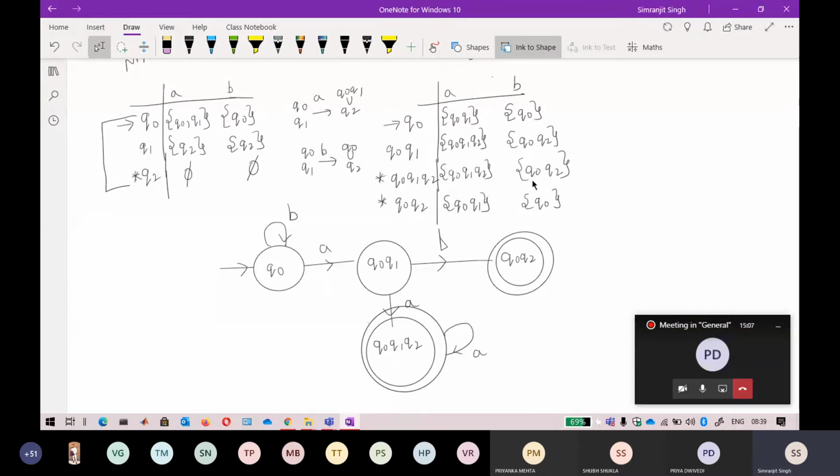On B it is going towards Q naught, Q2. Q naught, Q2 on A goes back towards Q naught, Q1, and it goes towards Q naught on B.